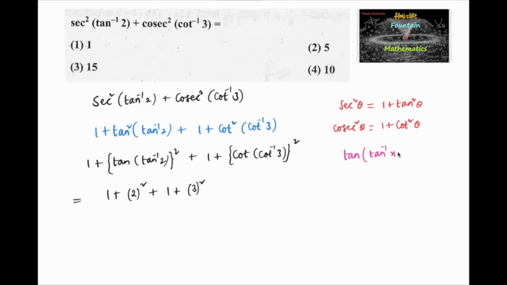So tan of tan inverse x is equal to x, and cot of cot inverse x is equal to x. So we can write here 1 plus 4 plus 1 plus 9. The sum can be taken as 15. So we choose our option C.